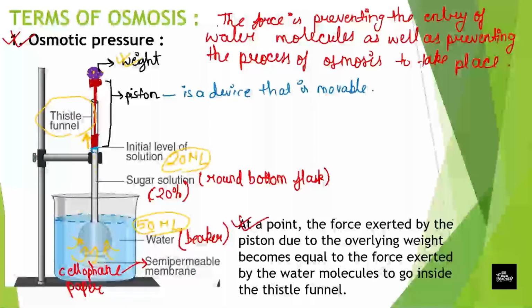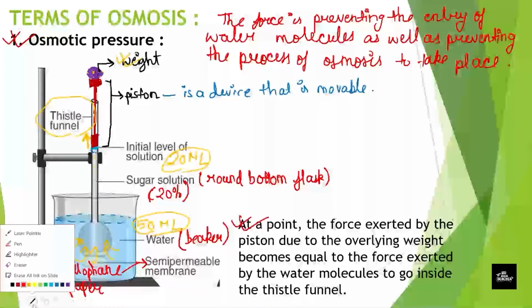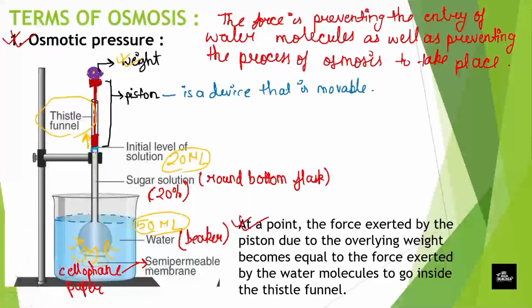This force, we are just going to be considering the force which is preventing the process of osmosis to take place, because osmosis is more important here. So the force which is preventing the process of osmosis to take place is the osmotic pressure. So it is the pressure.